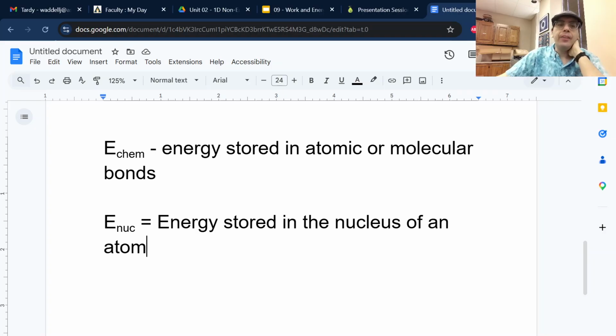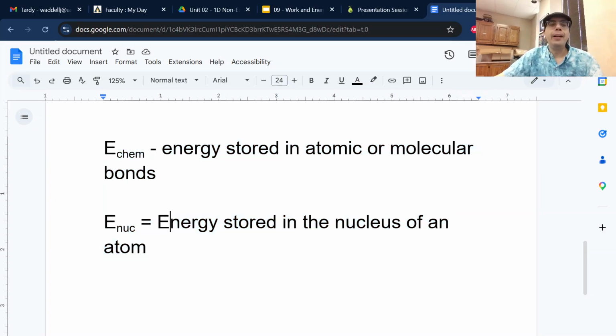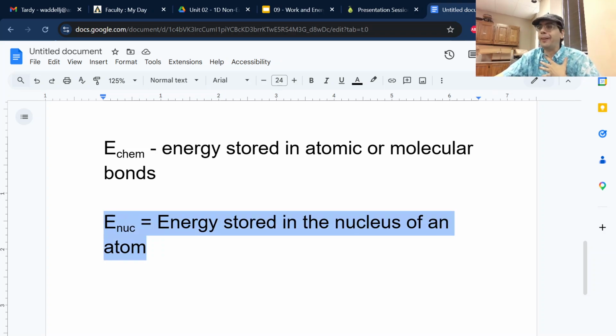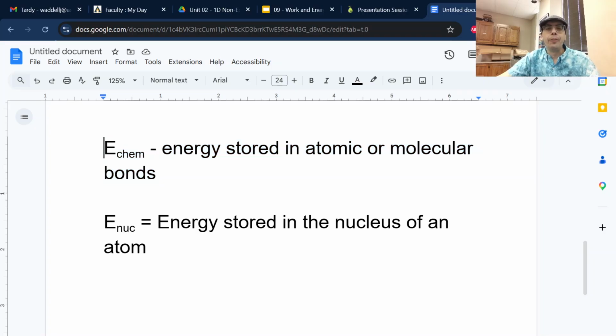Okay. So these are only relevant if these bonds change, right? We are sadly not allowed to conduct experiments where the energy stored in a nucleus is changed. So we will not see any systems where there's a change in nuclear energy. We aren't going to actually do outright any examples where there are changes in chemical energy.